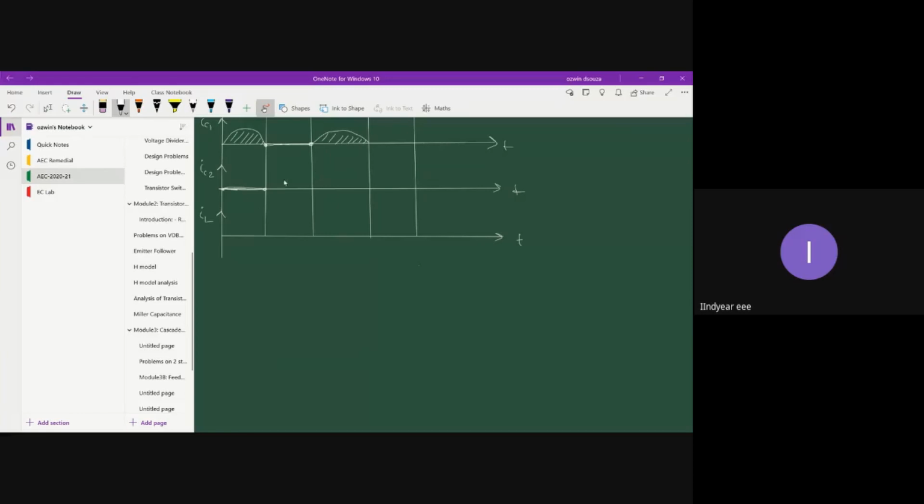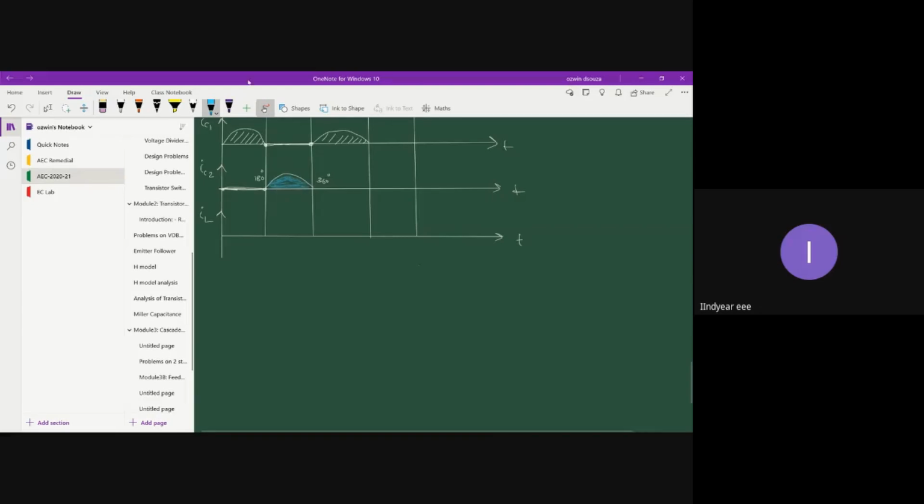And when the base current is positive going, for 180 degree to 360 degree duration, the transistor Q2 conducts, and hence there will be a flow of collector current. Let me mark this with the blue color.